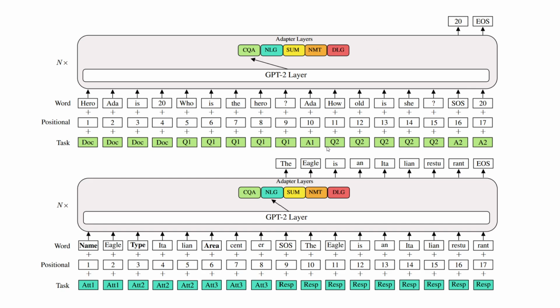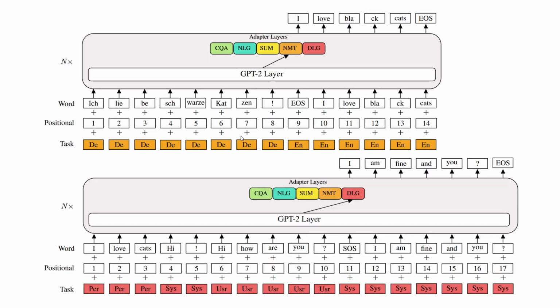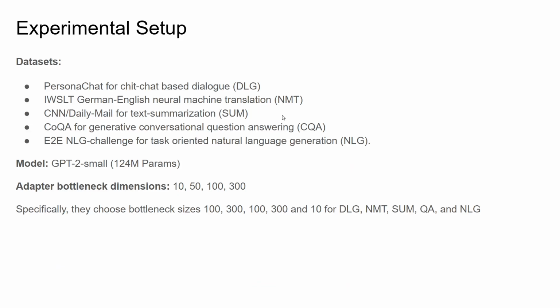So I hope this is clear. This is a translation task from, I think, German to English, and then this is a dialogue task. So you can pause and look at the example if you want, but I'll just move ahead since I think this is plenty.